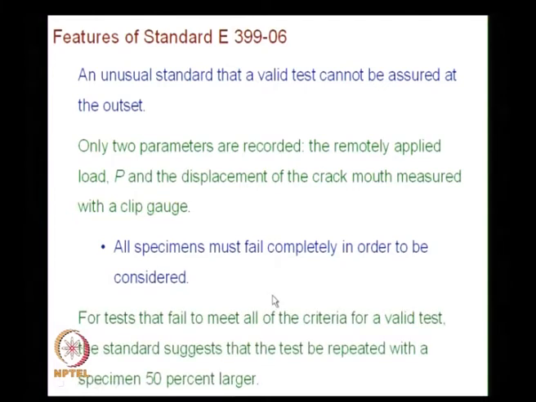Suppose the test becomes invalid, that is a possibility, because it does not guarantee that the test would be final. For tests that fail to meet all of the criteria for a valid test, the standard suggests that the test be repeated with a specimen 50% larger in thickness.